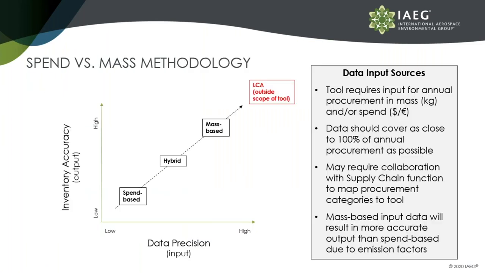The goal of the tool is to offer aerospace companies a way of quantifying GHG emissions in these two categories while accounting for the varying operational capabilities among companies, because the effort associated with collecting the data needed to do a spend-based calculation versus a mass-based calculation differs.